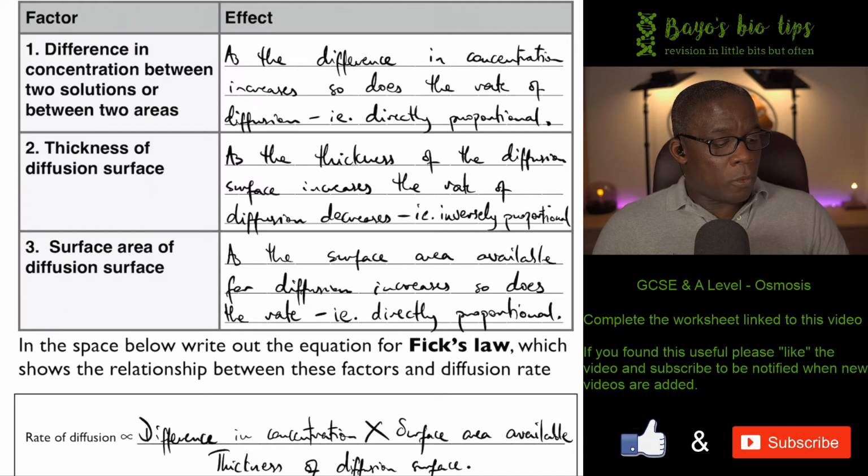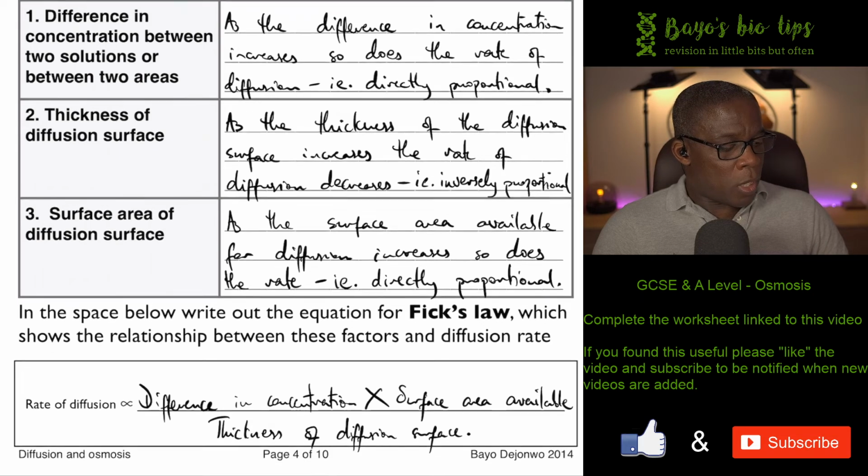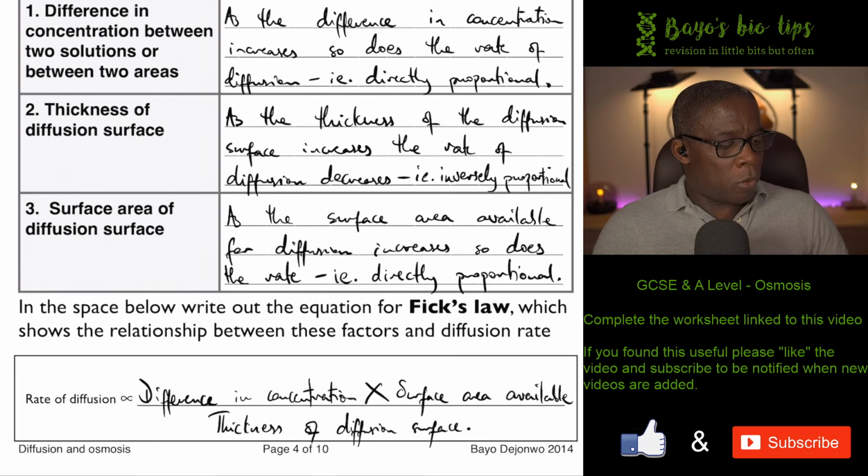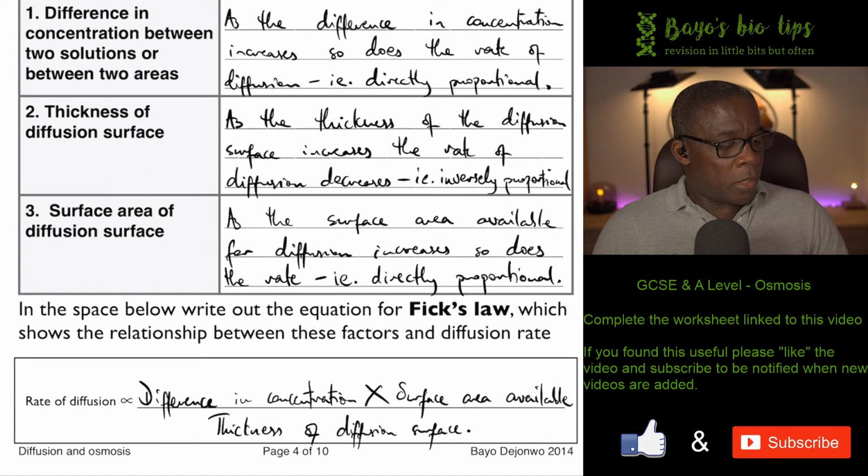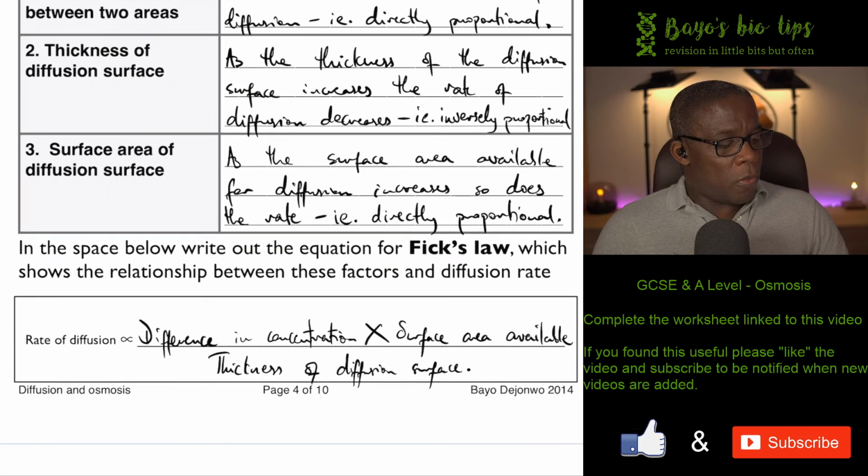And we talked about the surface area of the diffusion surface. The higher the surface area to volume ratio, the greater the rate of diffusion. And we talked about how all of those can be put together in something called Fick's law to give you that relationship there.